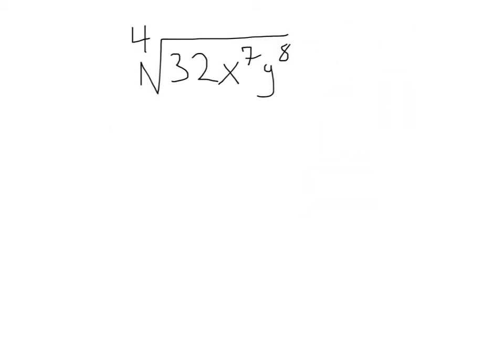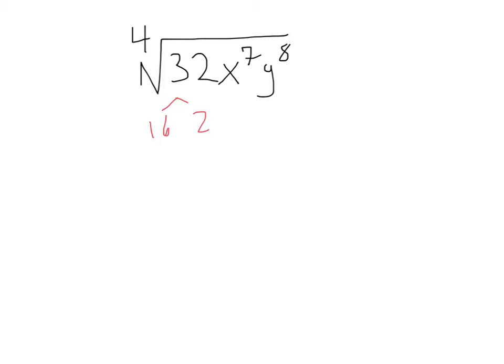Let's take a look at another example. Here we have a fourth root. Now with this fourth root, we're going to be looking for things that are to the fourth power, or groups of 4. So inside our radical we have 32x to the 7th y to the 8th. Let's start with the 32 here. I know this 32 can be broken down into 16 times 2.